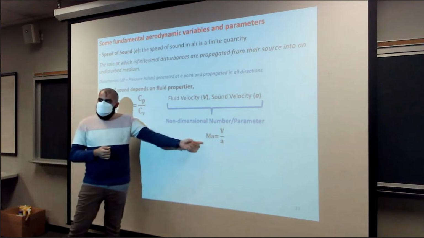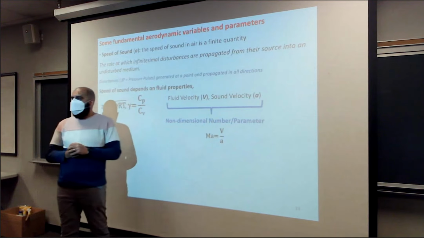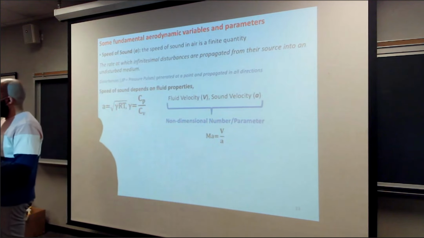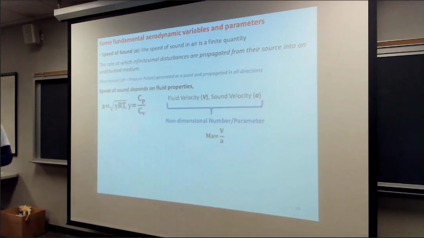What is the classification we can get using the Mach number? Does anyone know? Like the classification that came in with the Reynolds number was whether the flow is turbulent or laminar, right? Or in transition. Subsonic versus supersonic.